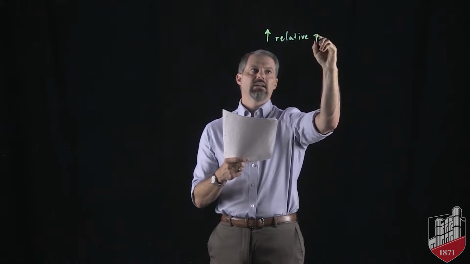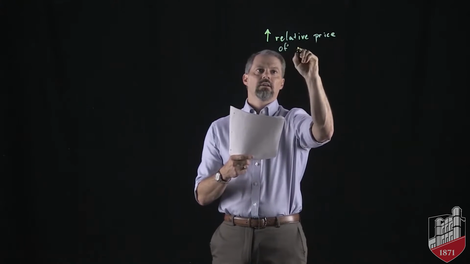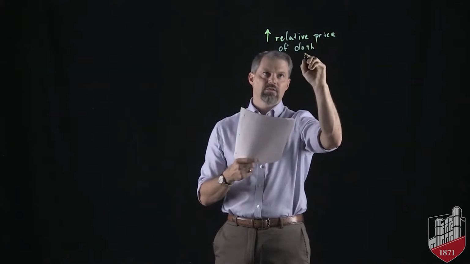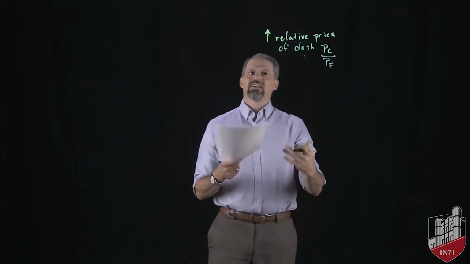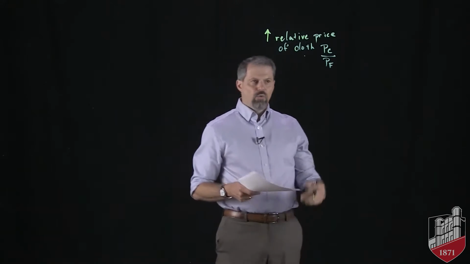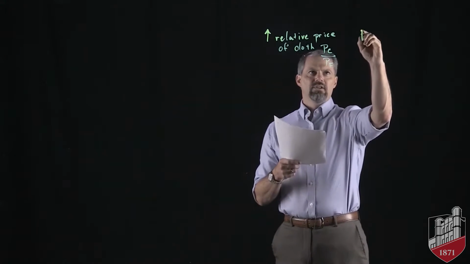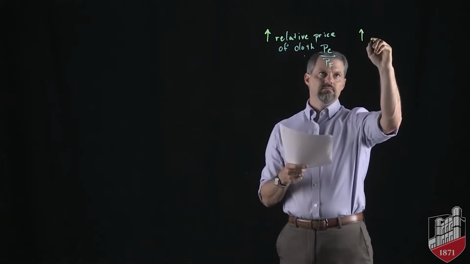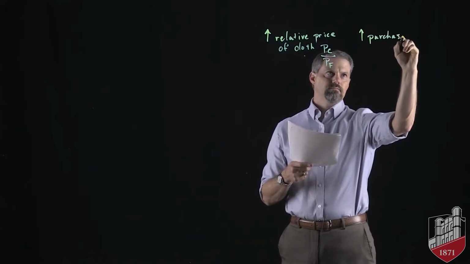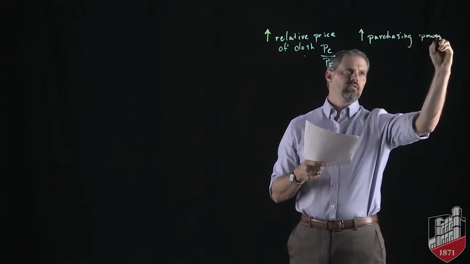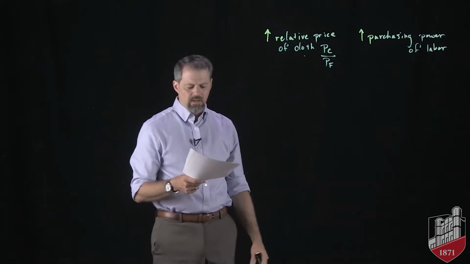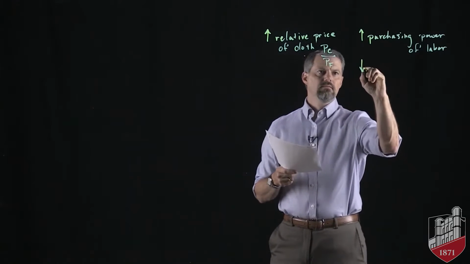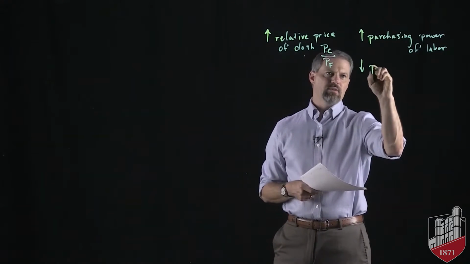Increase in the relative price of cloth, which of course is price of cloth divided by the price of food. What we saw earlier is that's going to increase the purchasing power of labor. Workers are going to be better off when trade is opened up. But what we also saw is that decreases the purchasing power of capital.